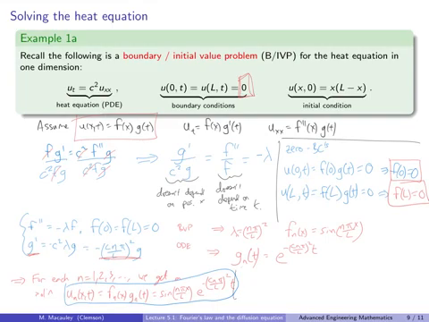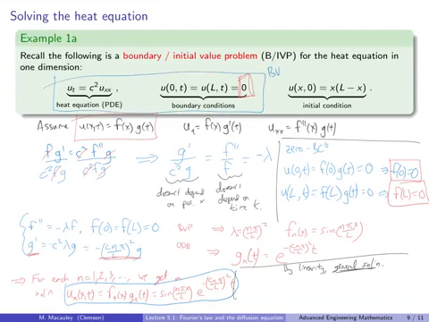So now, by linearity, the general solution, and when I say the general solution, I mean the general solution to this boundary value problem. Not the initial value problem yet, just the boundary value problem, because I haven't used the initial condition.